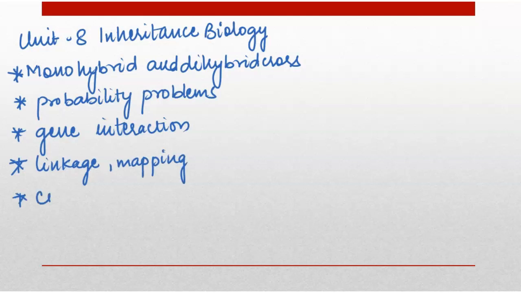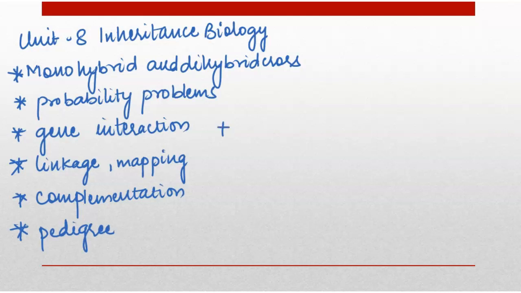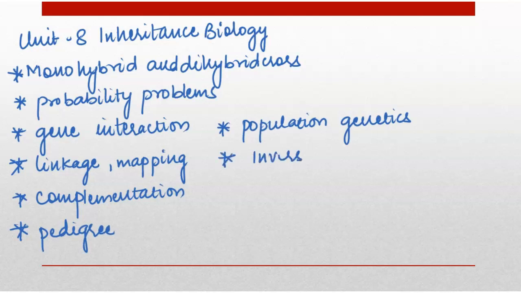Then is complementation. Very easy topic, but because we are not well aware of some topics, they become difficult for us. Once we get to the topics, things become easy. Pedigree. For sure questions come from this pedigree analysis. Then is population genetics. Very, very important, for sure questions come. Then we have inversion and translocation.